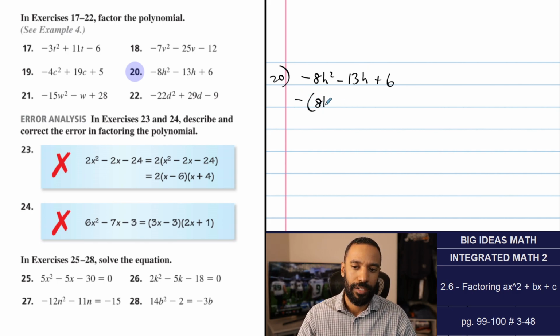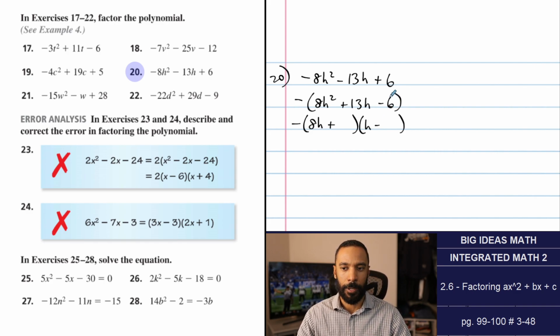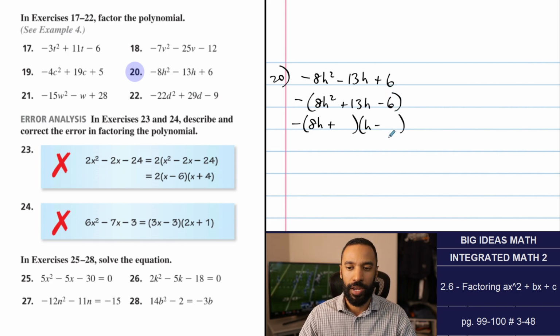GCF of negative 1. I get 8h squared plus 13h minus 6. I'm going to be dealing with 8h and 1h given the odd result here, not 4h and 2h. One positive, one negative. 6 is either 3 and 2 or 6 and 1. The 2 or the 6 will not go with 8. They'll go over here. So let's try these sets.